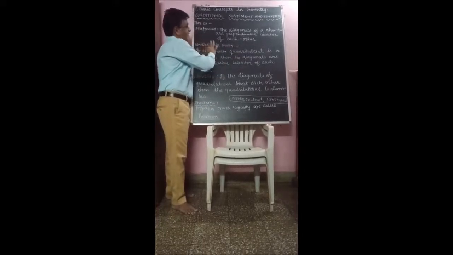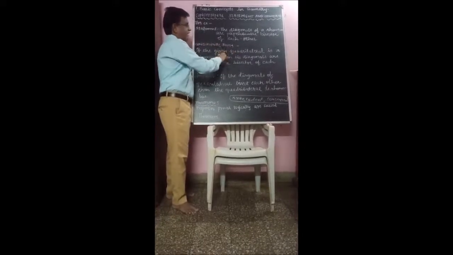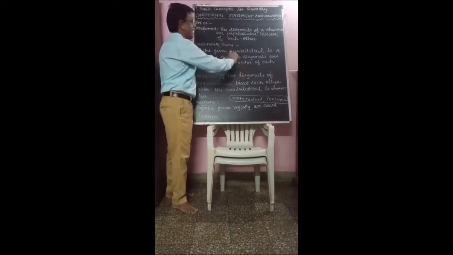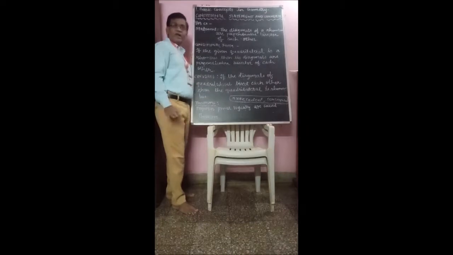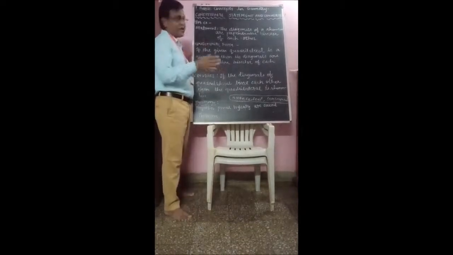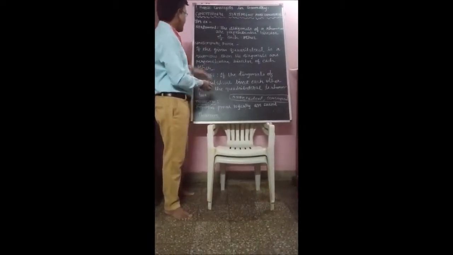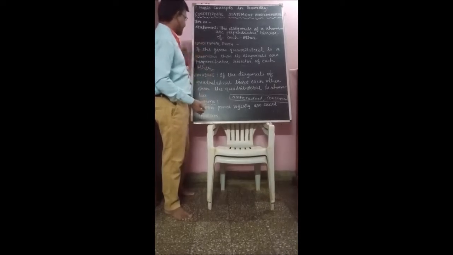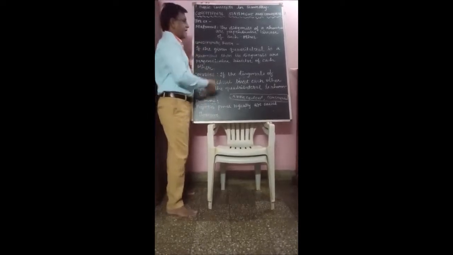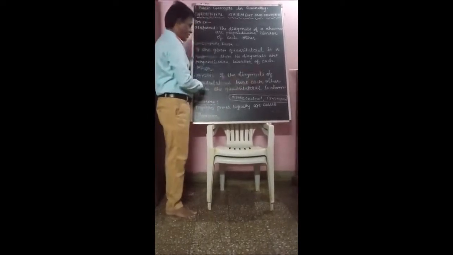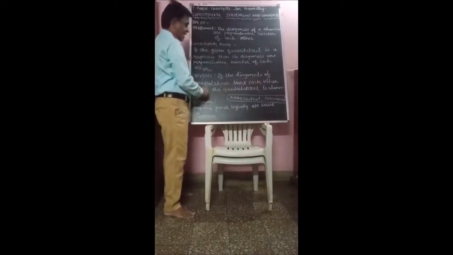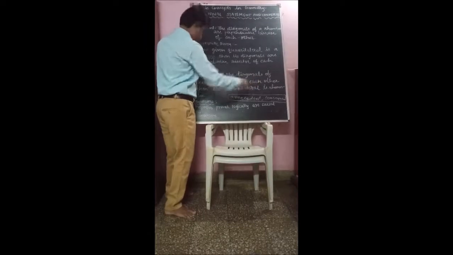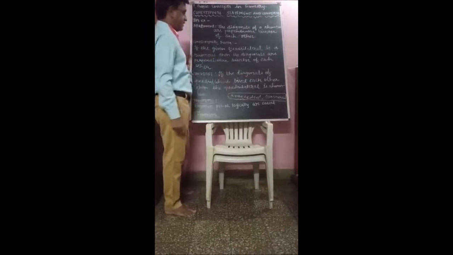The part after if is moved after then, and the part after then is moved after if. For example, the converse of this statement is: if the diagonals of a quadrilateral bisect each other, then the quadrilateral is a rhombus.